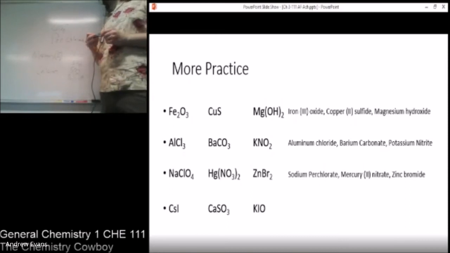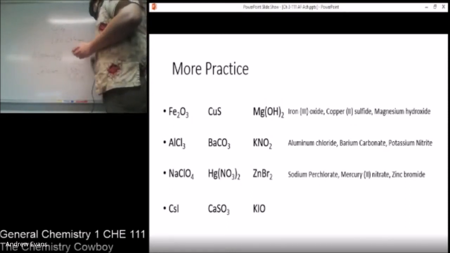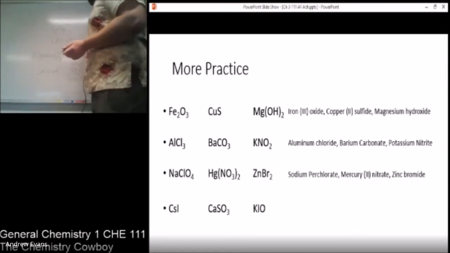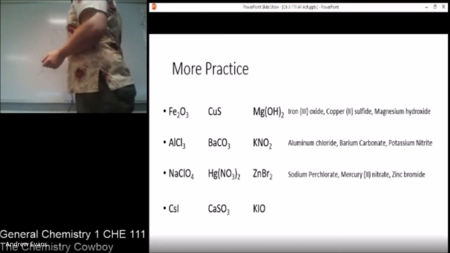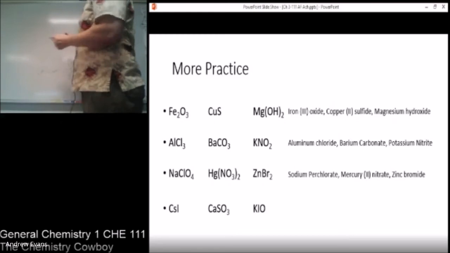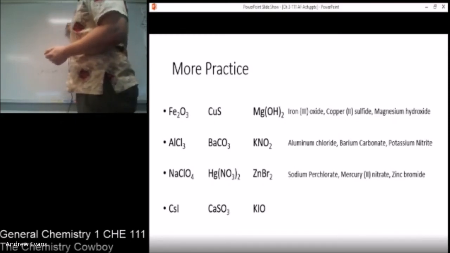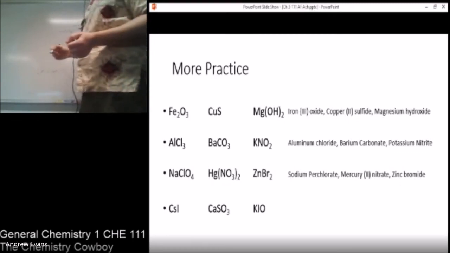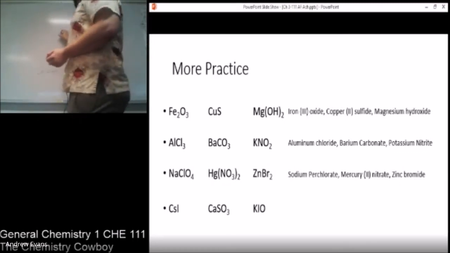This one's really tough. Well, not really tough, but it's tough, at least oxyanion wise, because it comes from IO4. IO4 is periodate. IO3 would be iodate.